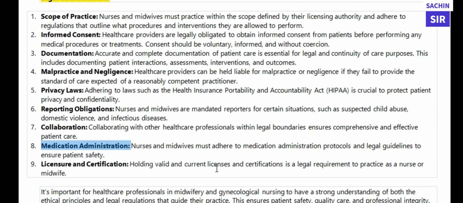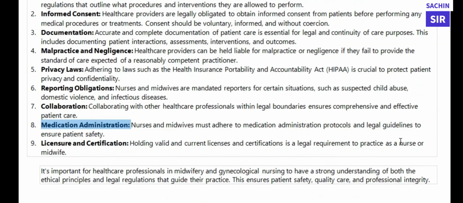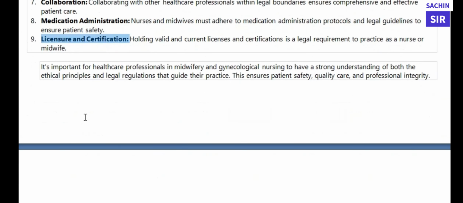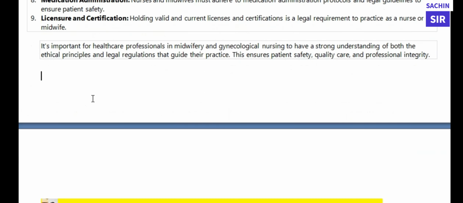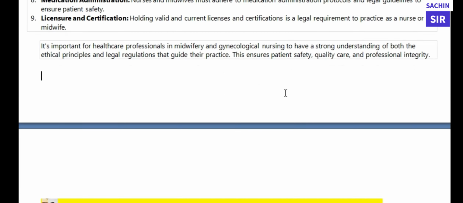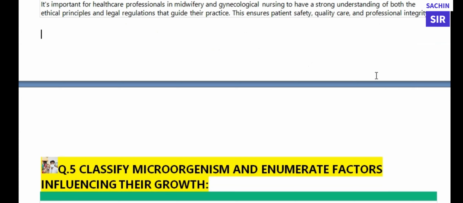Holding valid and current licenses and certifications is a legal requirement to practice as a nurse or midwife. It's important for healthcare professionals in midwifery and gynecological nursing to have a strong understanding of both the ethical principles and legal regulations that guide their practice. This ensures patient safety, quality care, and professional integrity.